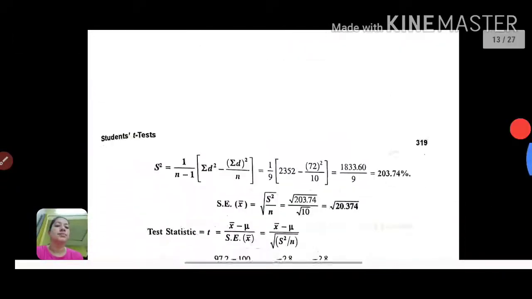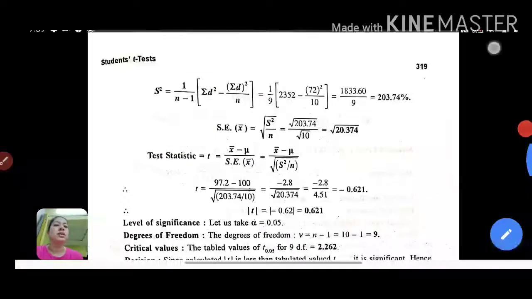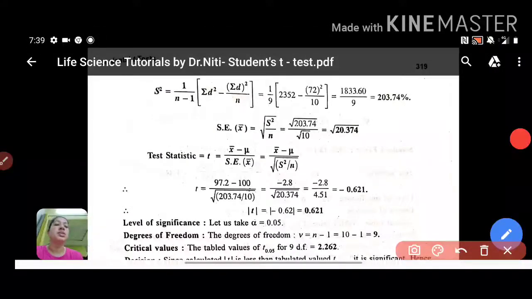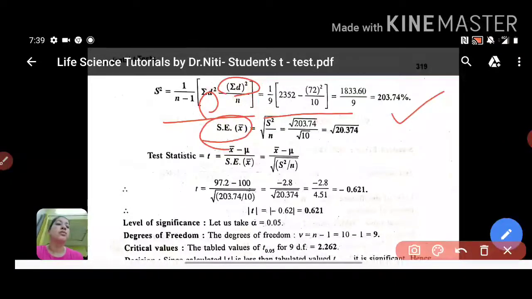Now the standard deviation can be calculated by this expression, by simply putting in the values of summation d square and summation d. Similarly the standard error of the mean has been calculated, and the t value can be calculated as sample mean minus population mean.